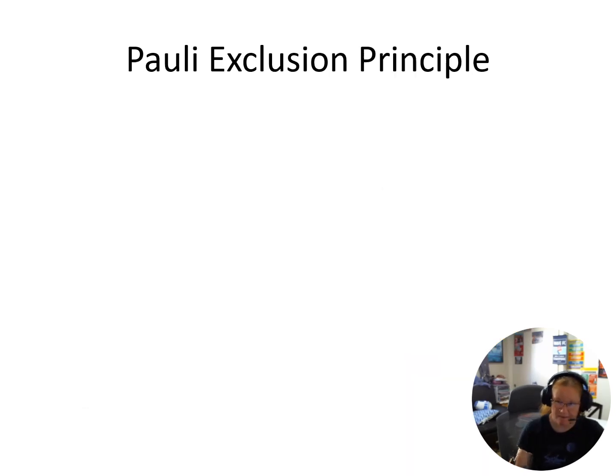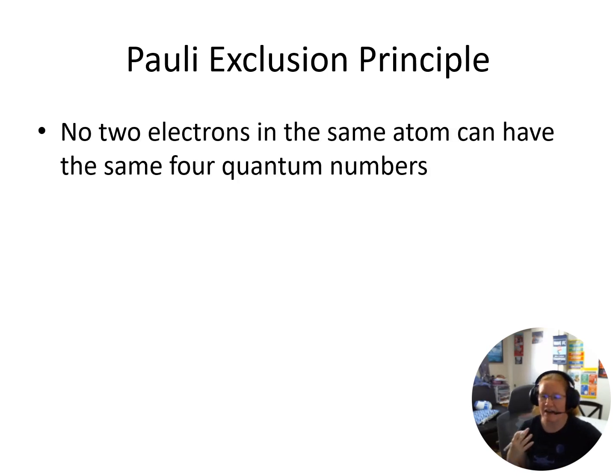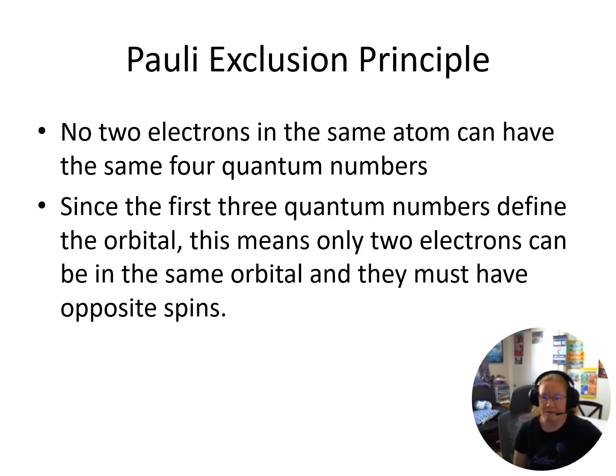Okay? All right, so then we have this thing called the Pauli exclusion principle, and this is going to let us relate things back to those quantum numbers. All right, so we cannot have the same set of quantum numbers for 2 electrons. Every electron must have its own unique set of quantum numbers. The first 3 quantum numbers define the orbital, and so then we have to make our unique set with the spin.